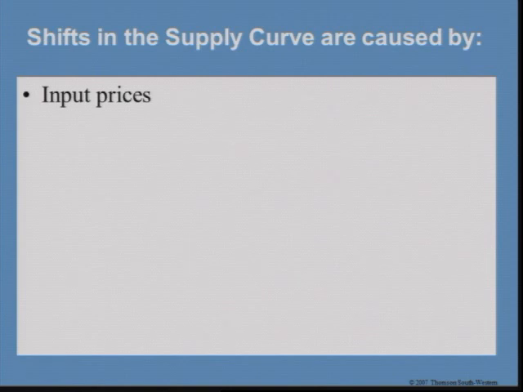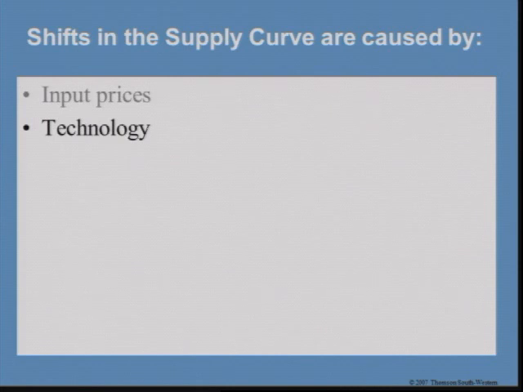So if there's a cotton shortage, what's going to happen to the supply of t-shirts? It'll go down, and that's represented by a leftward shift or rightward shift? Left, getting closer to zero. Input prices.